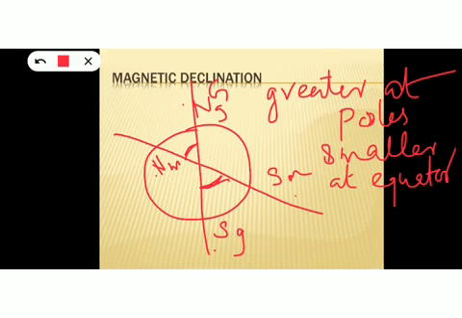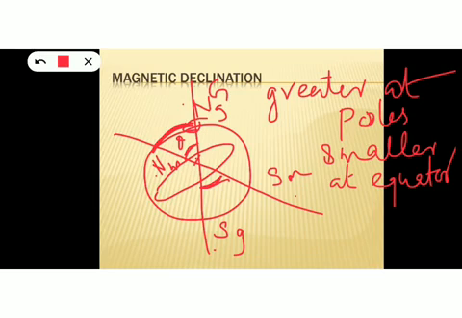Greater at poles and smaller at equator, because this is the equatorial region. So here, when you see, the angle is less, and this is the polar region, and at the polar region the angle is more. So the angle between geographic north and magnetic north is denoted by theta, and that theta angle is known as magnetic declination, and it is greater at poles and smaller at equator.